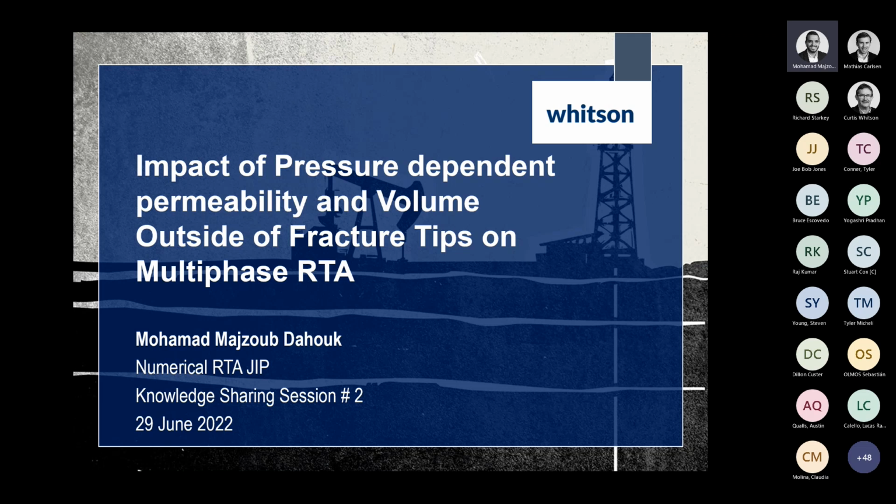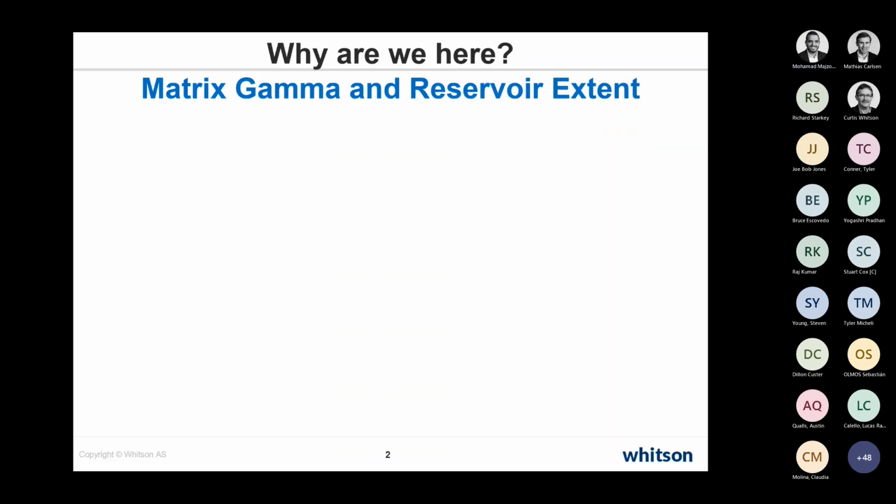What I'm going to talk about today, as mentioned by Matthias, is two things that I think are very important and that have been a result of discussing with many of you. Basically, how would our multi-phase RTA workflows be impacted by a well that is experiencing two things. One is the pressure-dependent permeability, so the variation of permeability with pressure, and the other is the volume outside of the fracture tips.